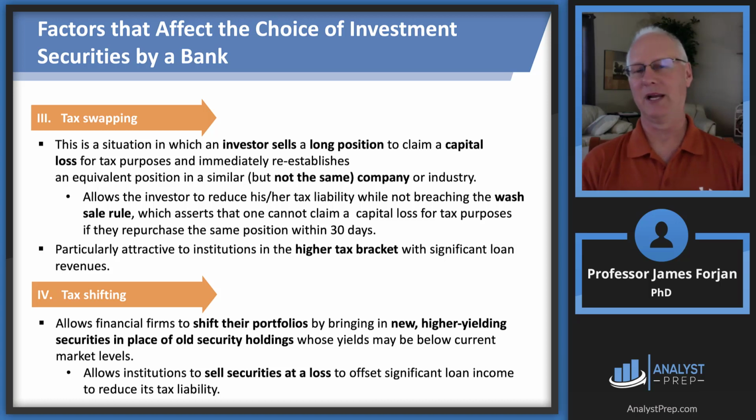So the bonds might have similar coupon rates, similar yield to maturity, similar maturity dates, similar credit risk, maybe similar duration, maybe similar liquidity. And so what this allows the investor to do is to reduce the tax liability, but not violating that wash sale rule. So this is particularly attractive to higher tax brackets, right?